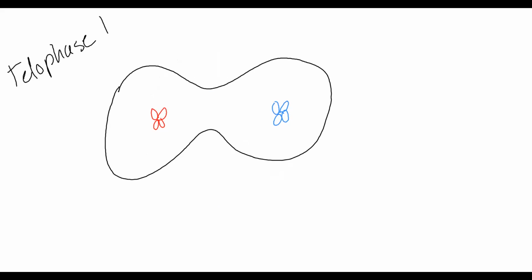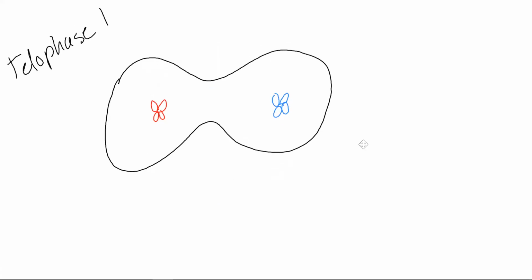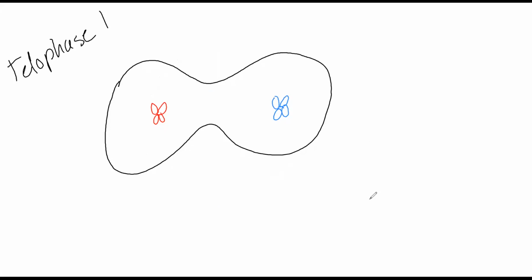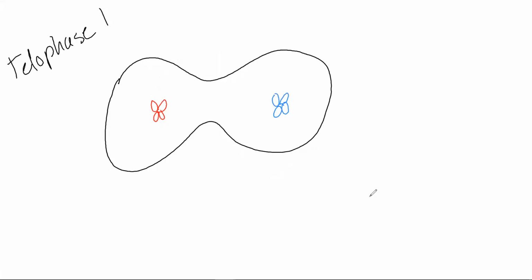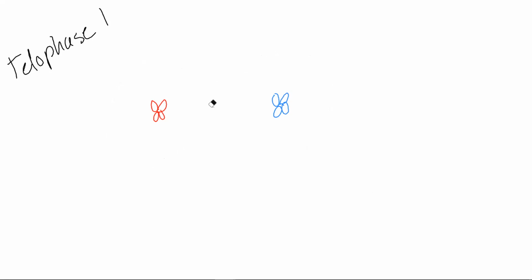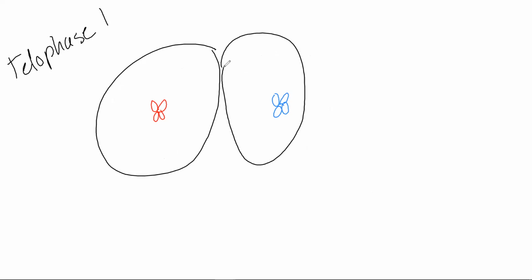This is telophase 1. And at the end of it all, you get the end of meiosis 1, right? Which is just two separate cells. Completely separated. And they have their own little nucleus around them.